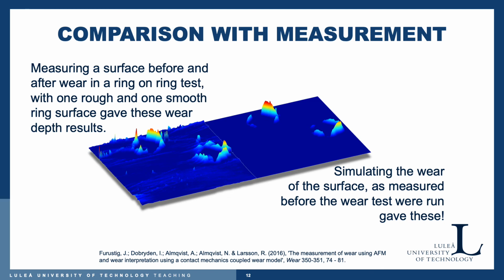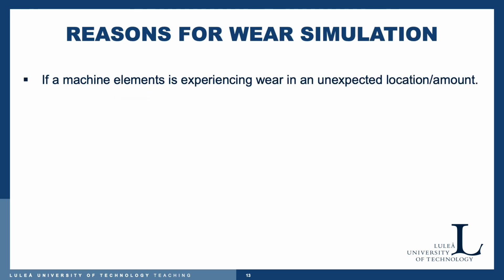But yeah, it's likely that there is also wear there because of the elastic deformation, plastic deformation, and the wear of the abrasive type. Pretty similar results. Fascinating. The reasons for wear simulation are many.